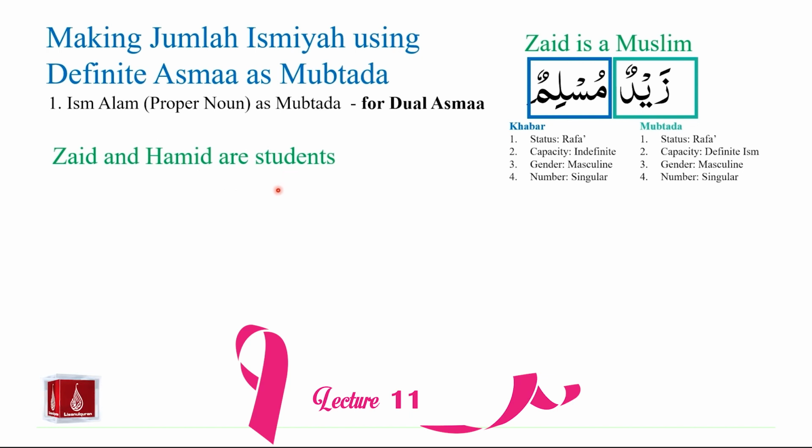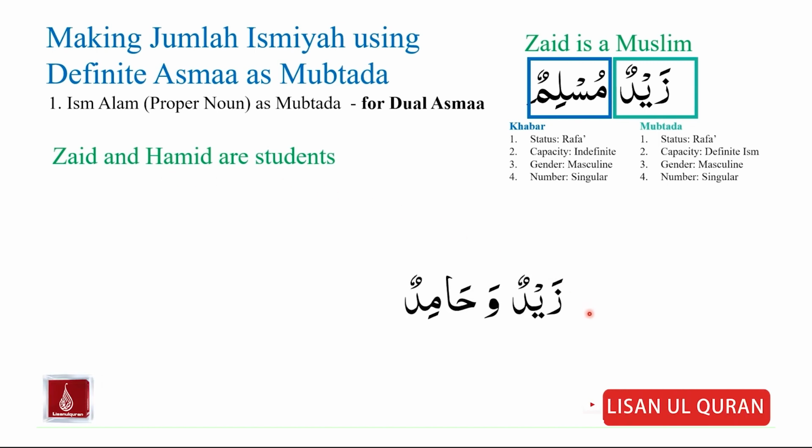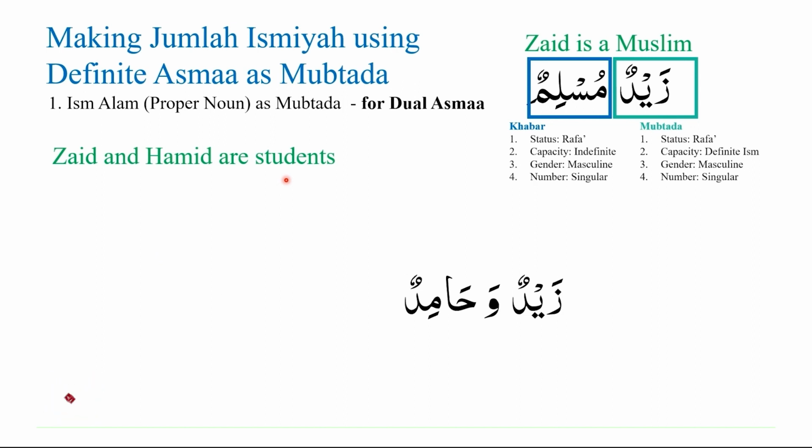In this sentence, Zaid and Hamid are the subject. Therefore, Zaid and Hamid should be mubtada. The way to write Zaid and Hamid in Arabic will be Zaidun wa Hamidun. Wa indicates and. The way to write students in this case will be Talibani.